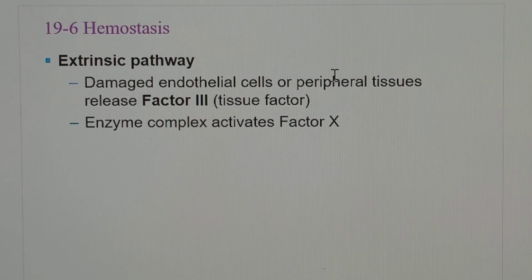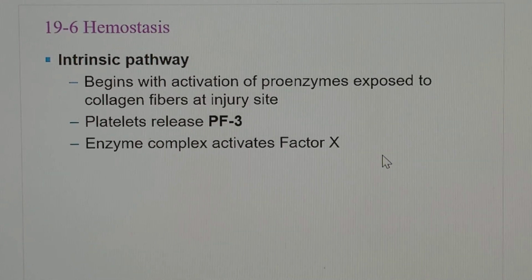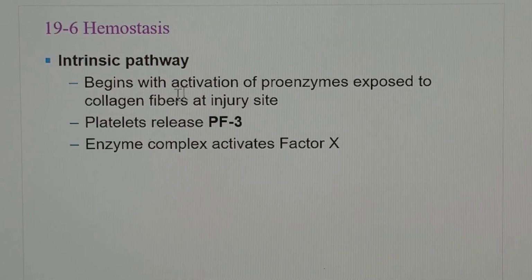The extrinsic pathway: damaged endothelial cells or peripheral tissues release factor 3, tissue factor. An enzyme complex activates factor X. The intrinsic pathway begins with activation of proenzymes exposed to collagen fibers at the injury site. Platelets release PF3.